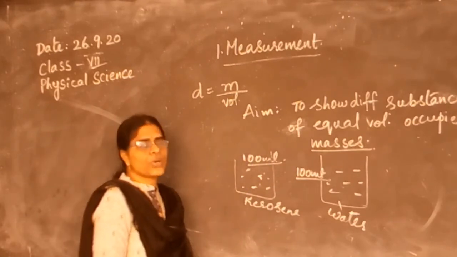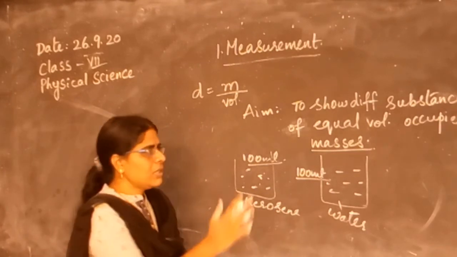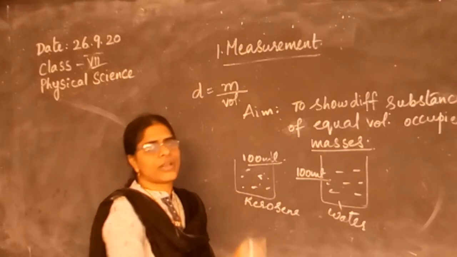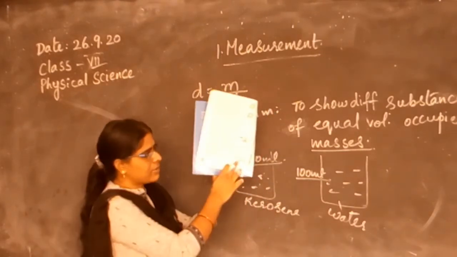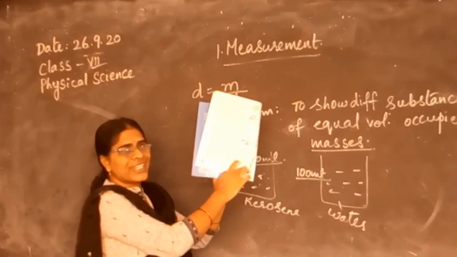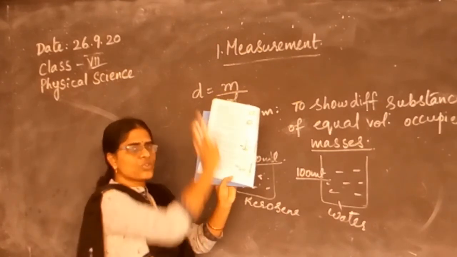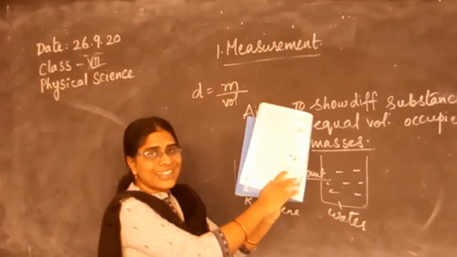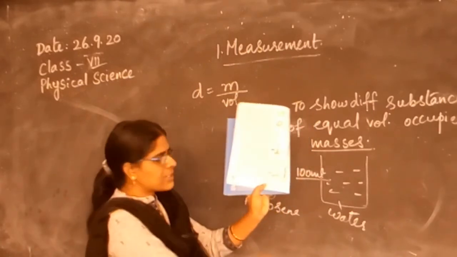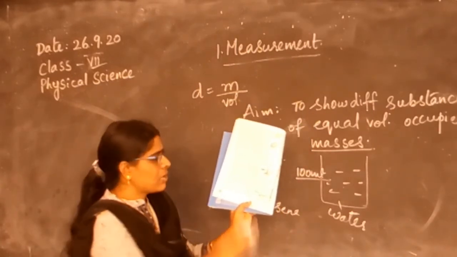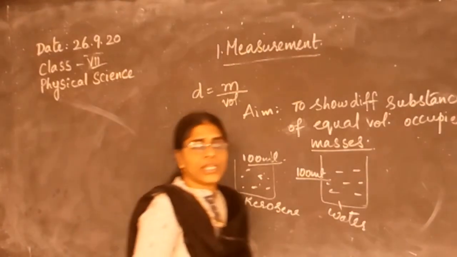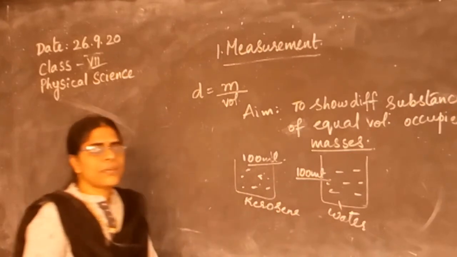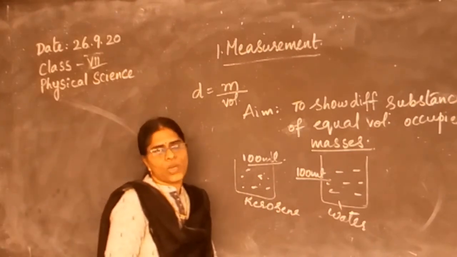What do you observe? The beam is not horizontal. Look at your figure. The pan with the glass of water is going downwards, whereas the kerosene is coming upwards. Why is it going down? Because of the mass. Masses are not equal.